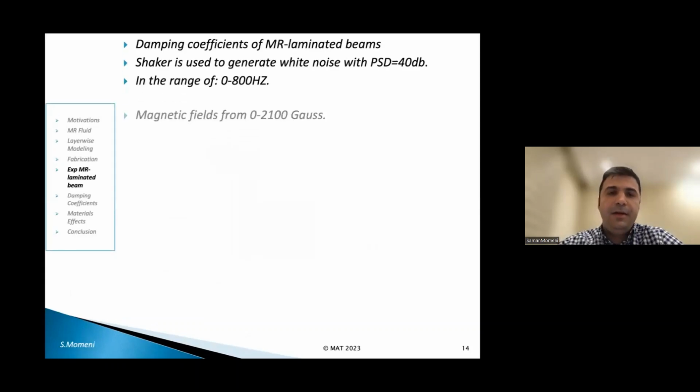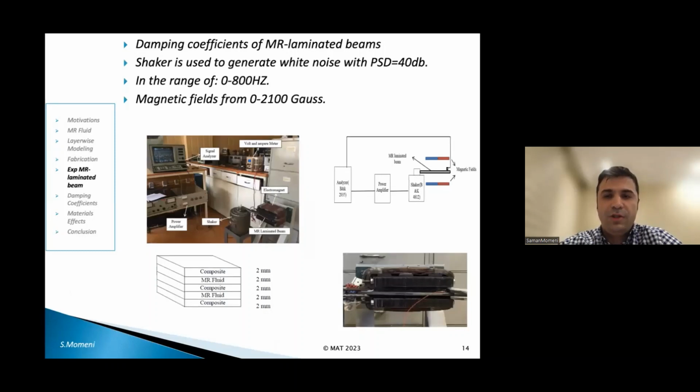And in order to determine the damping coefficient of MR laminated beams, we need the shaker and samples of MR laminated beams, and the signal analyzer, power amplifier, electromagnet, and volt and ampere meter. The shaker is used to generate white noise with power spectral density of 40 decibel in the range of 0 up to 800 hertz.